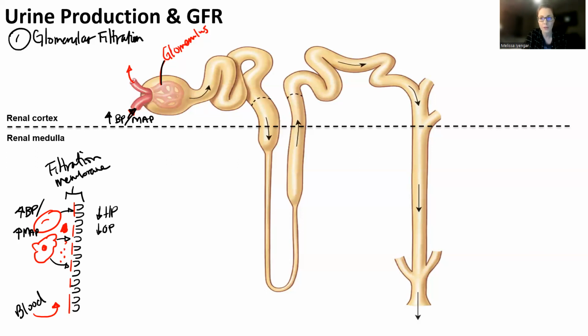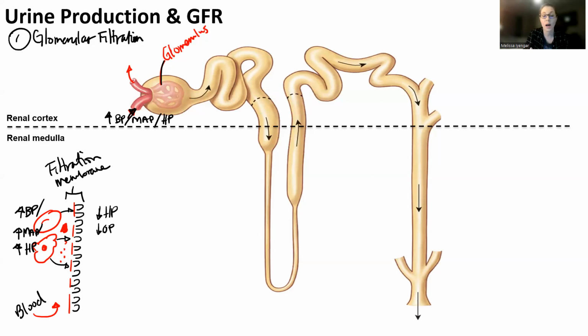If you don't remember from capillary stuff, this is why capillary stuff was important. Because essentially, high blood pressure, high MAP was a high hydrostatic pressure. We kind of equated all of them together. Hydrostatic pressure is the force that water is going to exert on the filtration membrane.